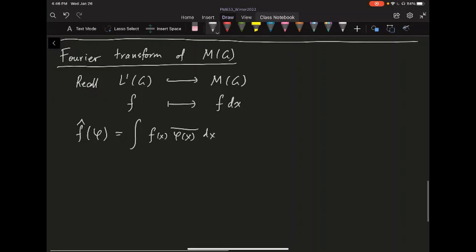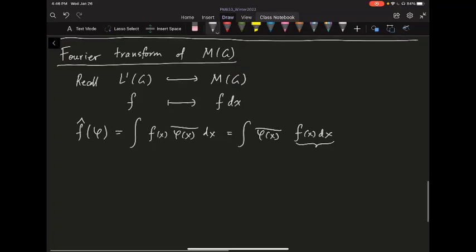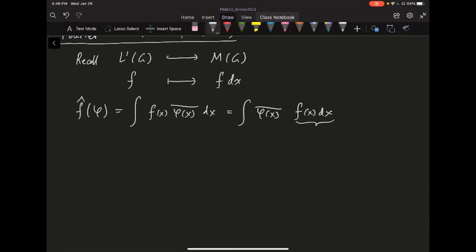If you rewrite it as phi(x) integrated against f(x) dx, then if you treat your L1 of G as a measure in the M of G, this is exactly the measure you're dealing with. So essentially this tells you there is maybe a more general notion of the Fourier transform on the measure group. Let's do the following definition.